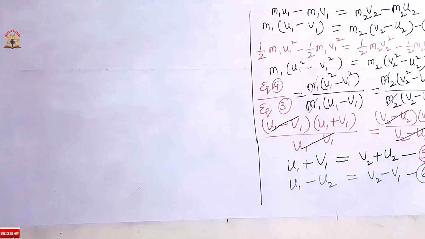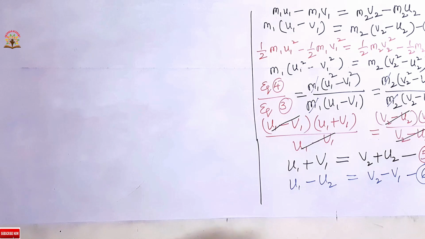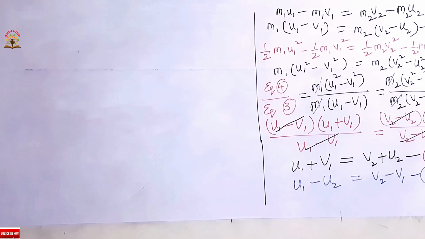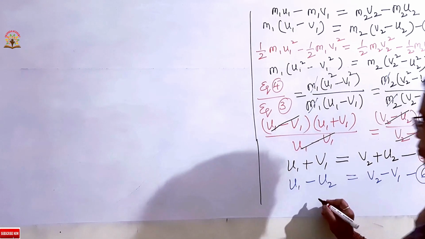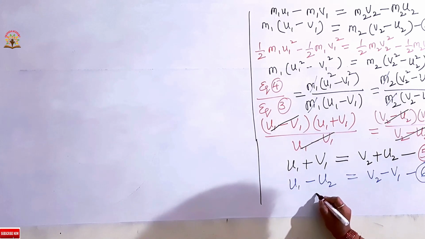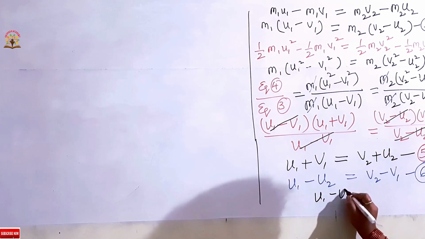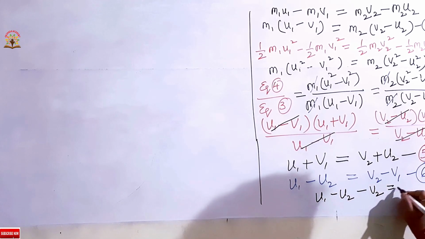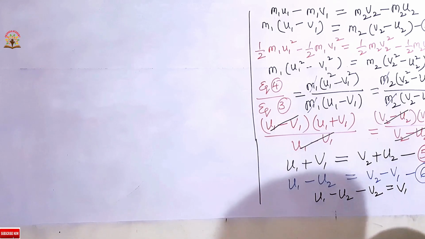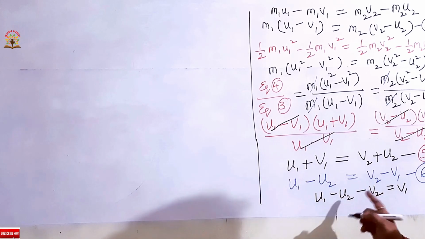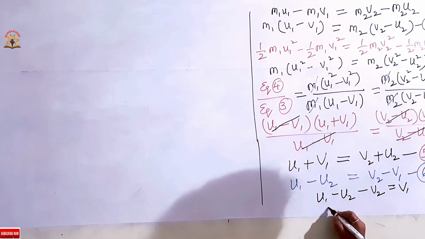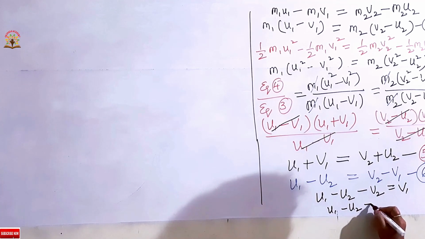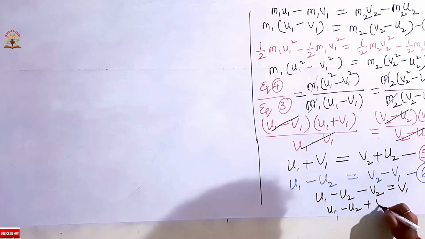From equation 6, we write the expressions for v1 and v2. What is v1? v1 is equal to u1 minus u2 plus v2. And v2 is equal to u1 minus u2 plus v1.